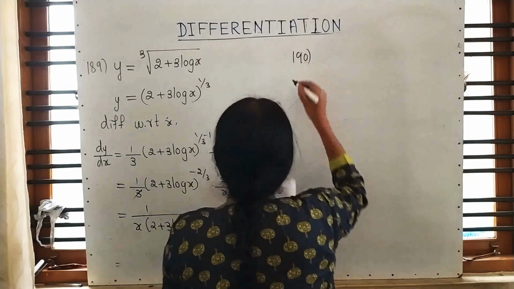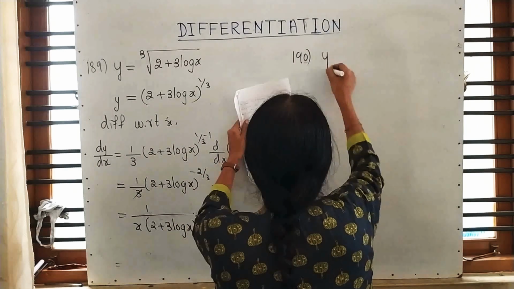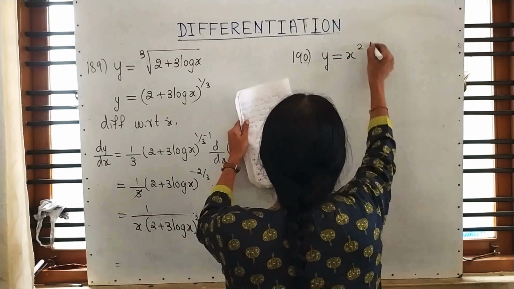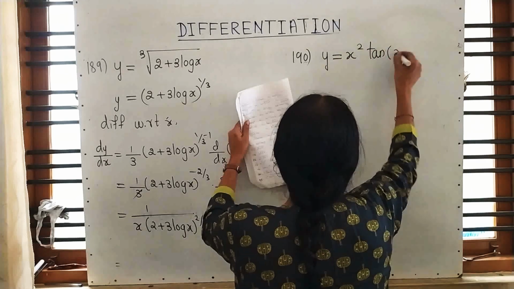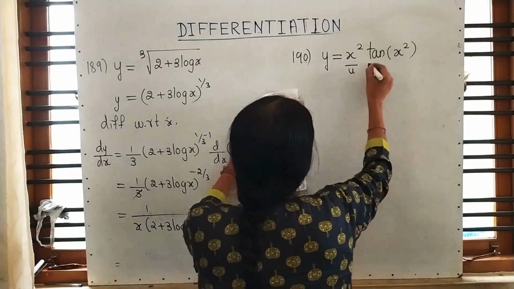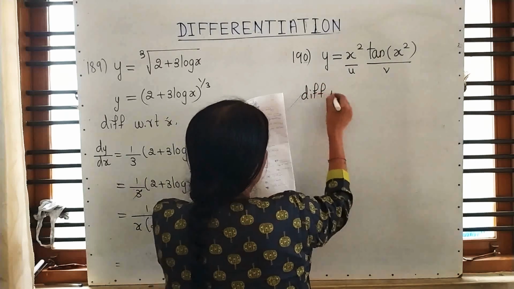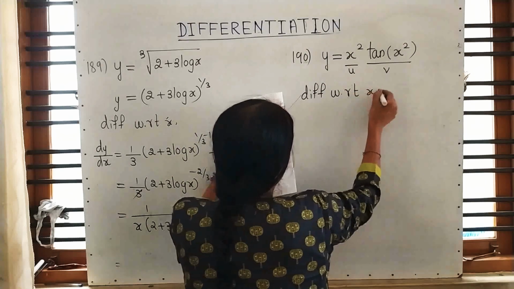190. Y is equal to square tan x square. This is u, this is v. Differentiating with respect to x.